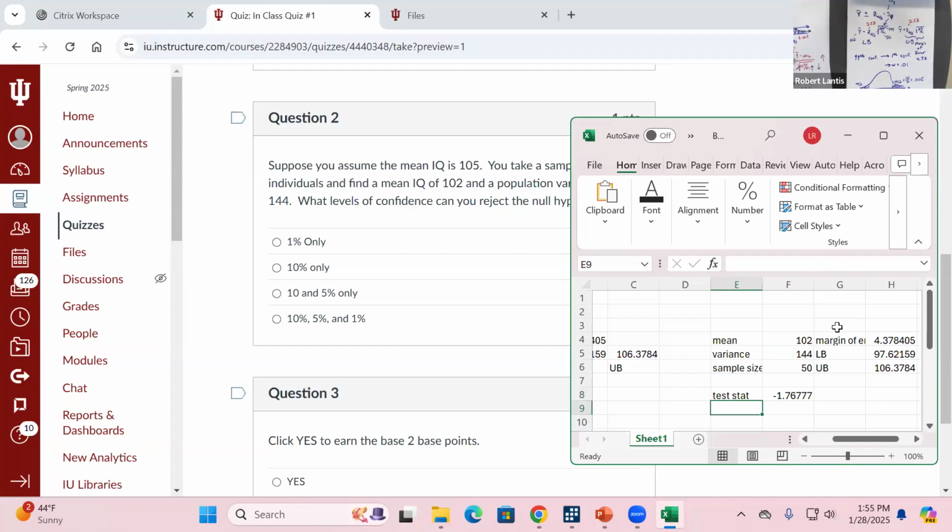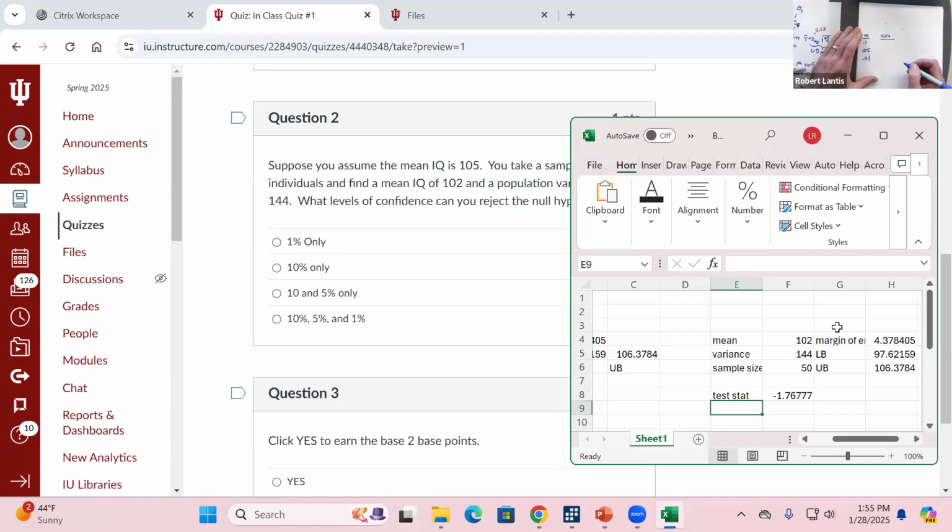Now, at this point, I could do one of two things. I could go back to that slide and remember that for a two-tailed test, for alpha of 0.1, 0.05, and 0.01, what were my critical values?